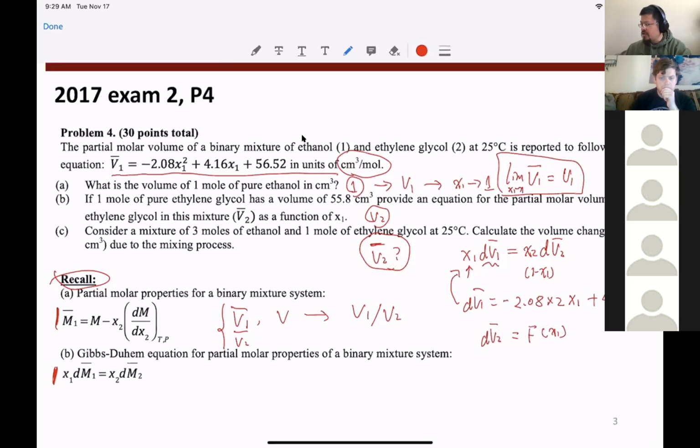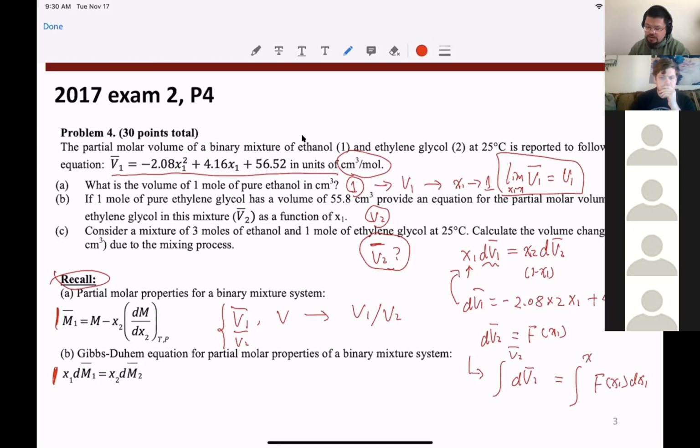But we are not interested in the full derivative of the partial molar volume. We are interested in understanding this V2 partial. So there we need to run the other step to run this integration, okay? So this is still f(x1) dx1. This is dV2. Then we know that the final is any condition of x2 and the corresponding V2 partial.